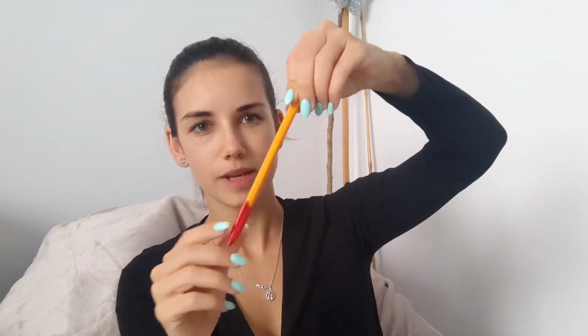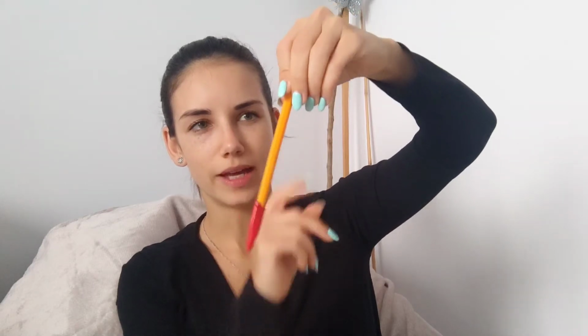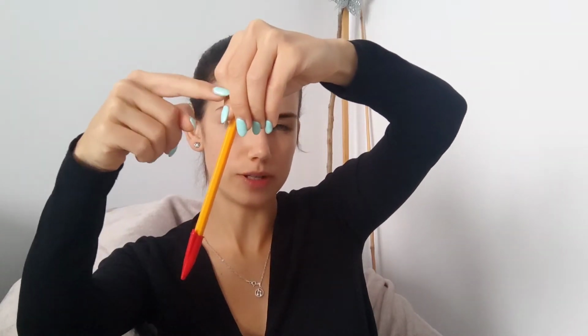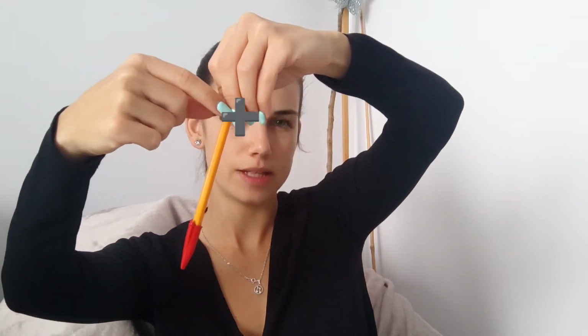Like I have this pen, and this is the end of my tool, and this is my axis. If I want to make a linear move and I have the coordinate system here, then my point will move like this, for example.